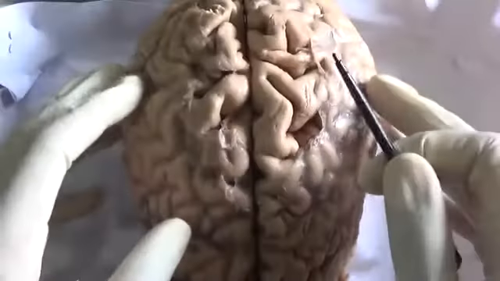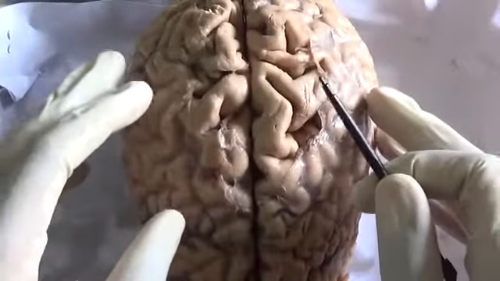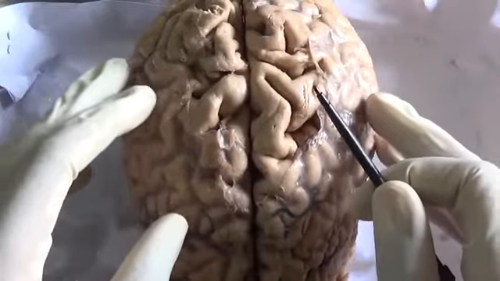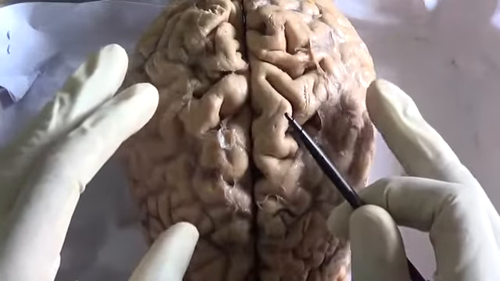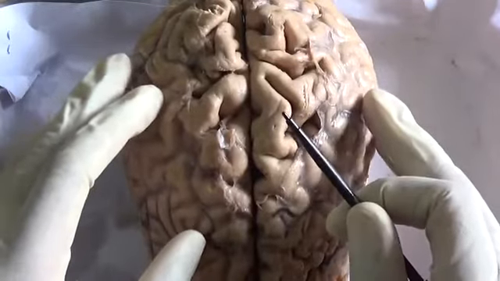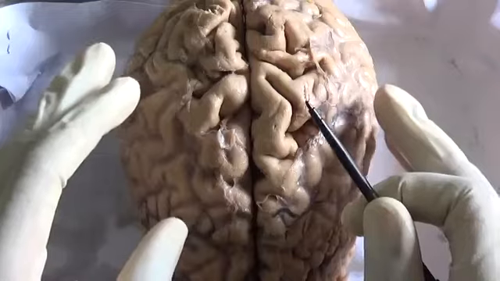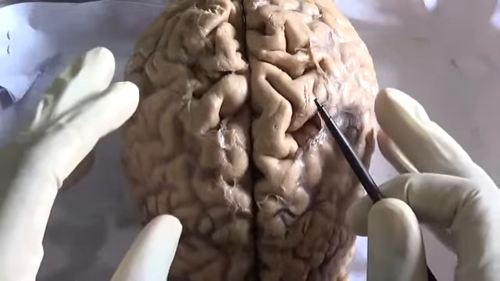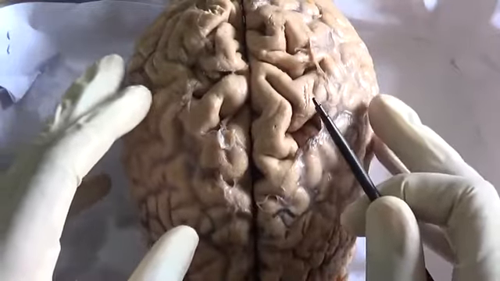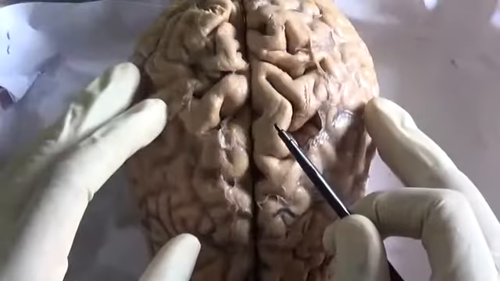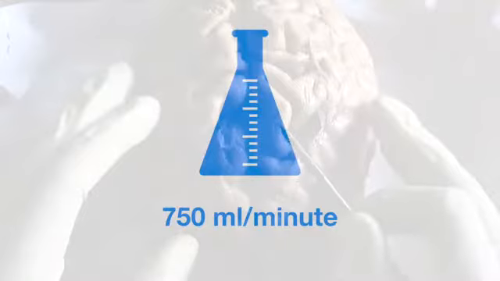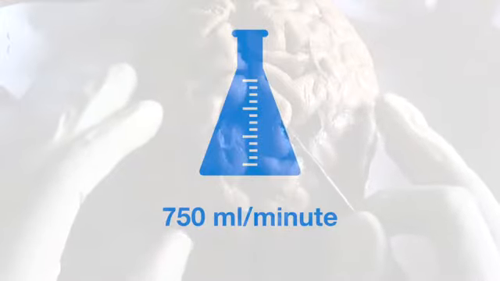Now let's discuss some of the fascinating facts of the human brain for its functionality. As you know, it is just 1400 grams, that is equivalent to 2% of the body weight. But how much blood it needs, that is on an average 1/6 of the total cardiac output. That is 750 ml of blood per minute.